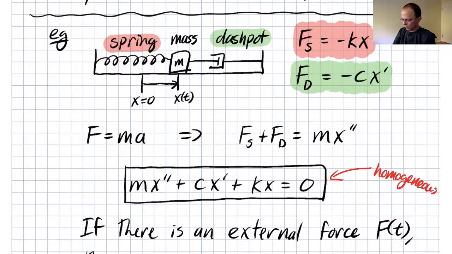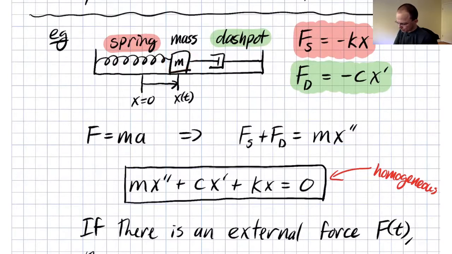We can also think of the dashpot as just being friction, so it's a type of friction. Without this dashpot, this mass would just oscillate back and forth forever. But the dashpot damps down those vibrations, and so it'll cause the mass to eventually stop vibrating.